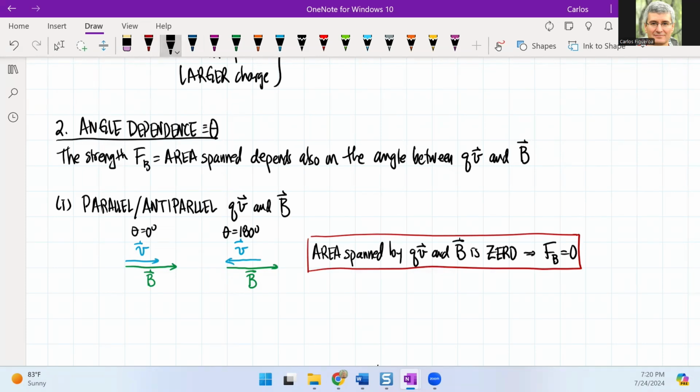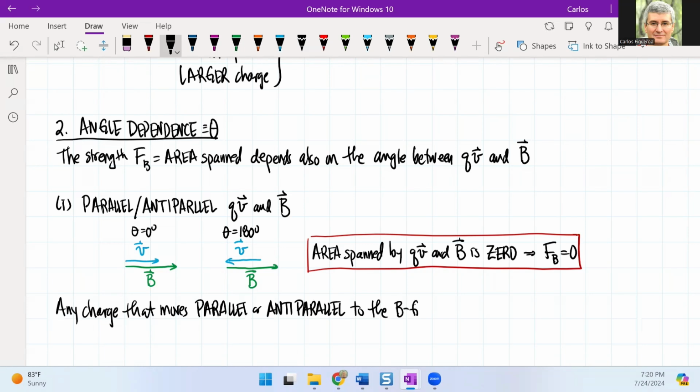So what this is really telling us is this. Any charge that moves parallel or anti-parallel to the magnetic field will experience no magnetic force.